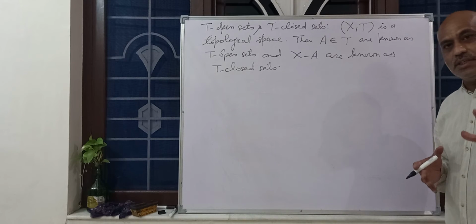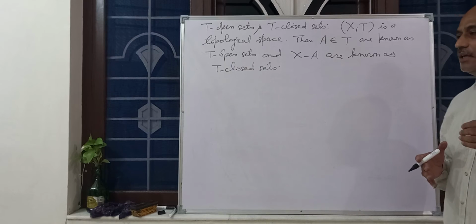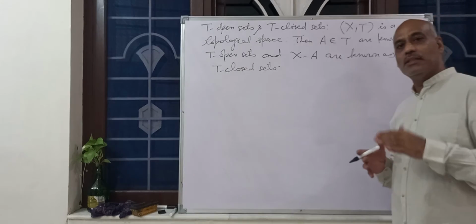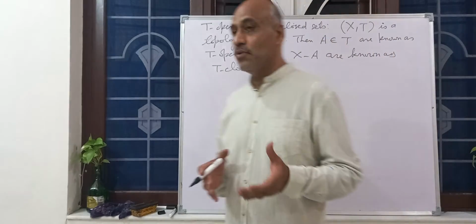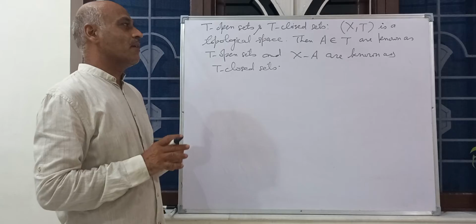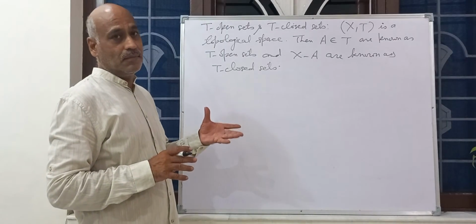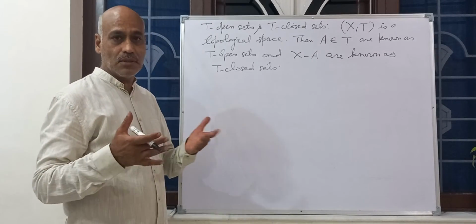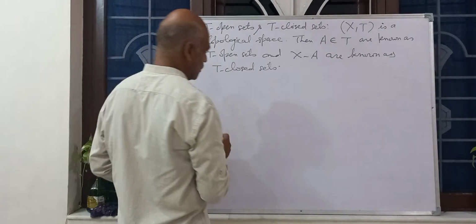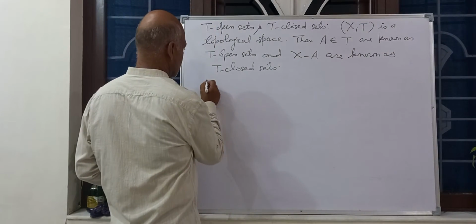All elements of T are known as open sets, and all other subsets which are not in T are known as closed sets. Some subsets may be both closed and open. This may be possible.